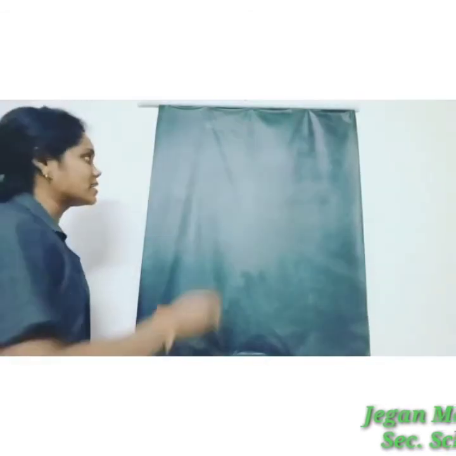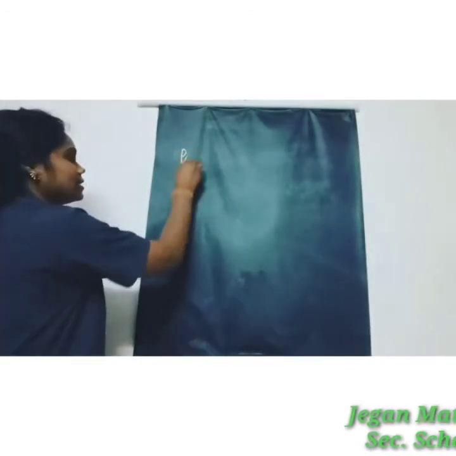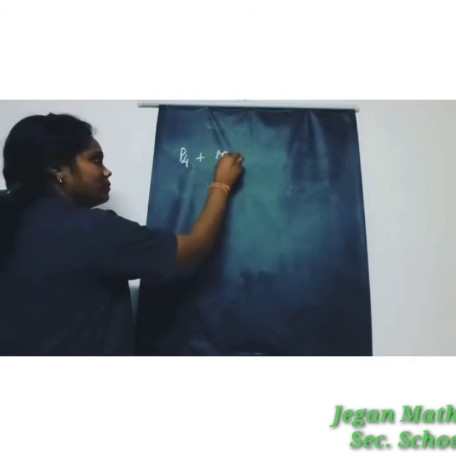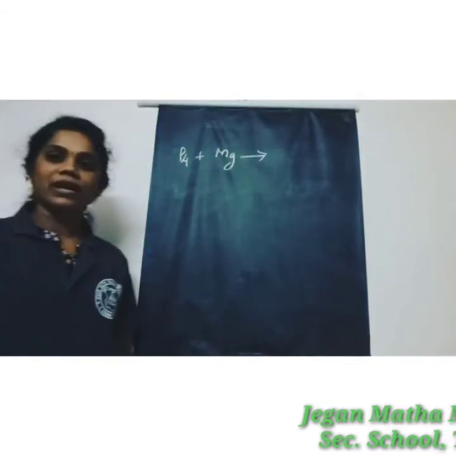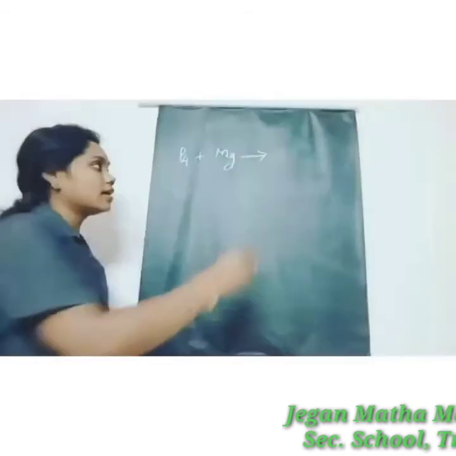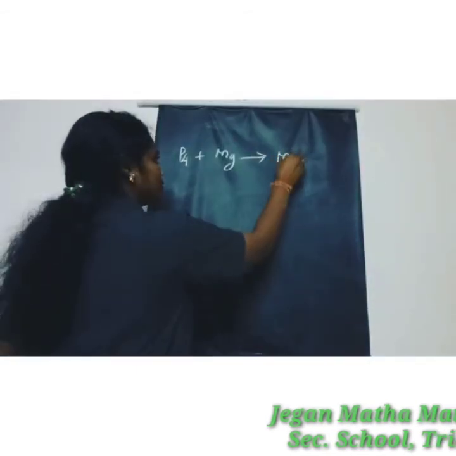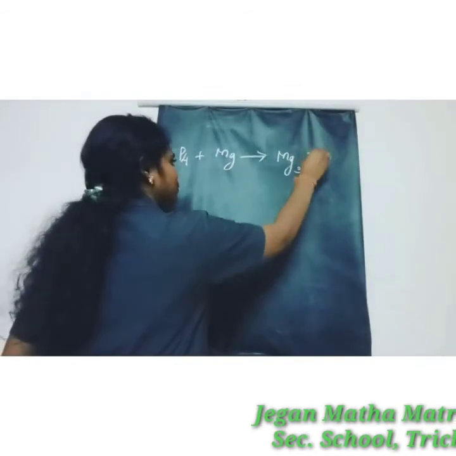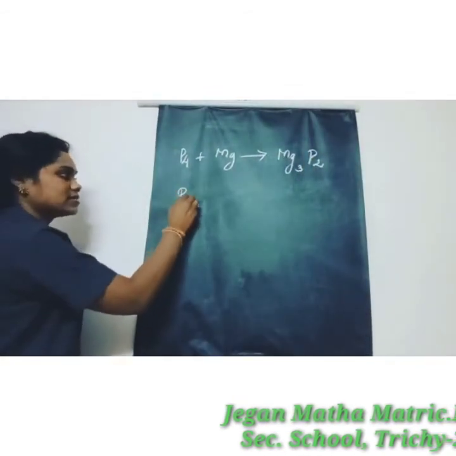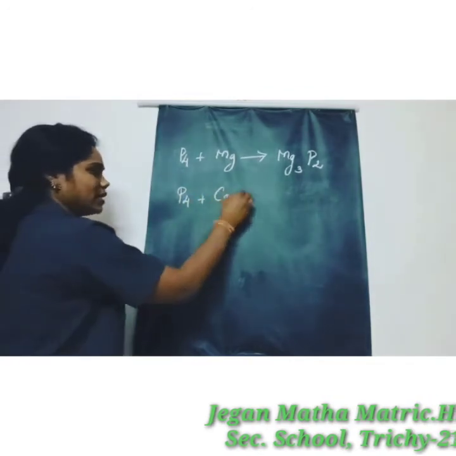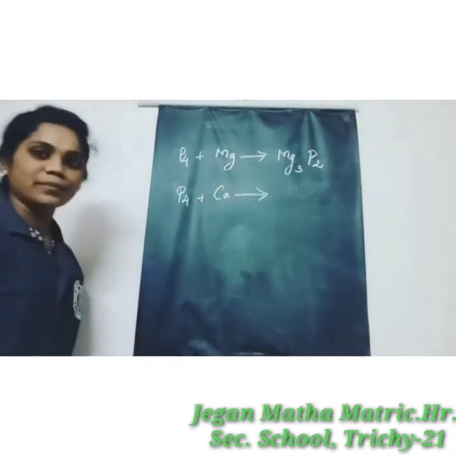This one, phosphorus reacts with magnesium, it gives magnesium phosphide. The formula for magnesium phosphide is Mg3P2. And next one, phosphorus reacts with calcium. It gives calcium phosphide.